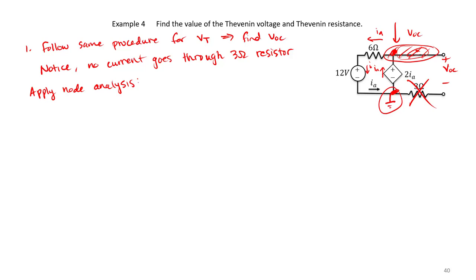So in this case, let's say I have I1 exiting my node. Maybe I have I2 entering. So I could say plus I2 minus I1 equals 0. Or I can say I have VOC minus 12 volts divided by 6 ohms. That's my I1 that's leaving.